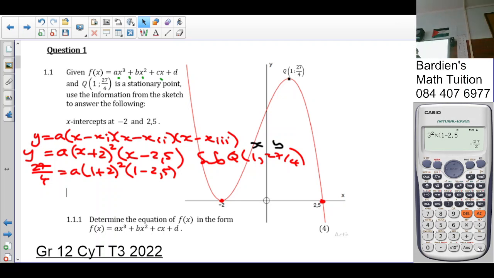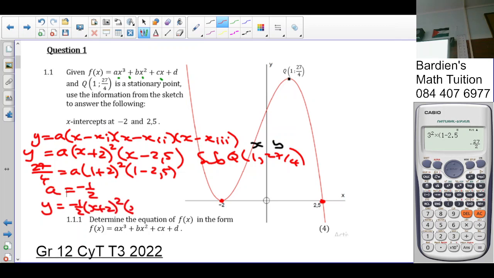Negative 27/2. So if I divide both sides by negative 27/2, I get negative half. So the equation now reads y is equal to negative half into x plus 2 squared into x minus 2.5. If you multiply that out, we get negative half x cubed minus 3/4 x squared plus 3x plus 5.